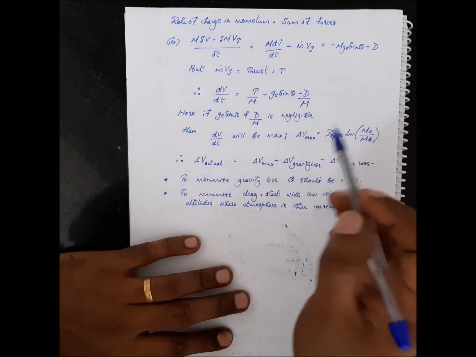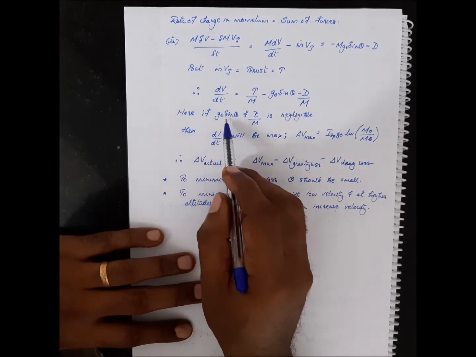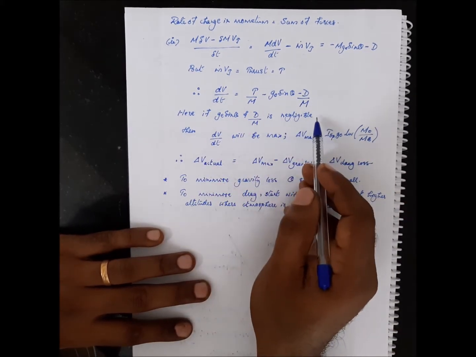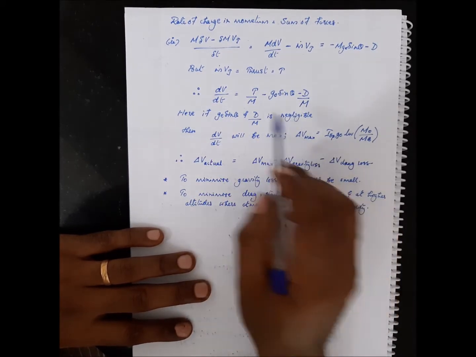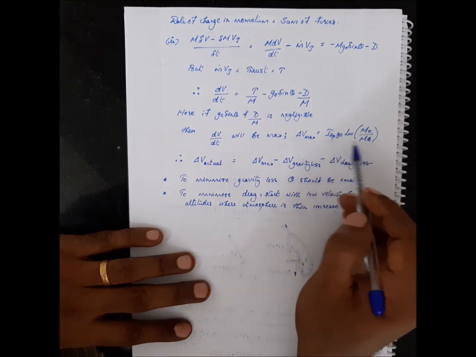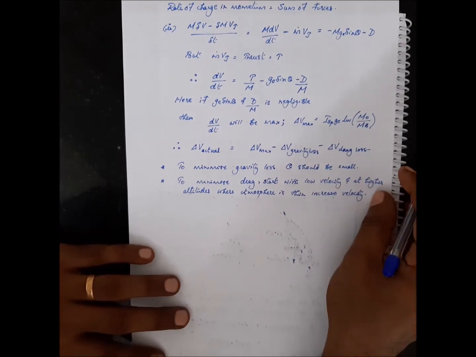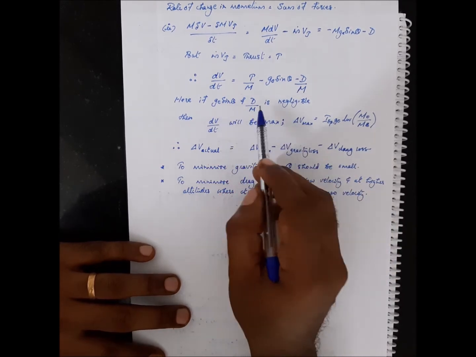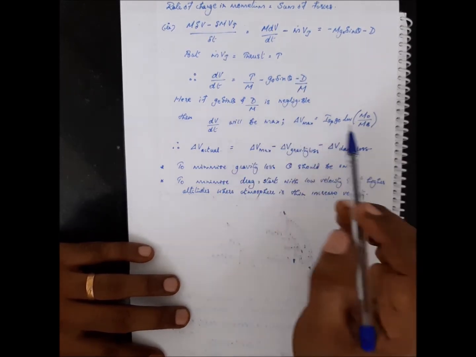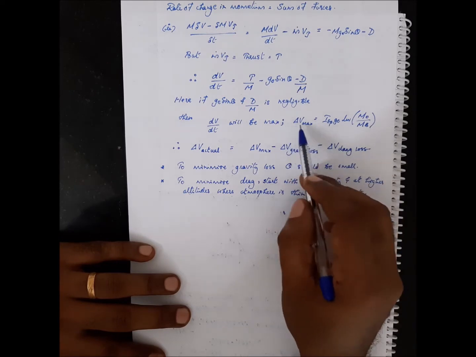This is your final equation. If g sine theta and D by m are negligible, then dv by dt will be the maximum. So delta v max is equal to the expression that we derived earlier.